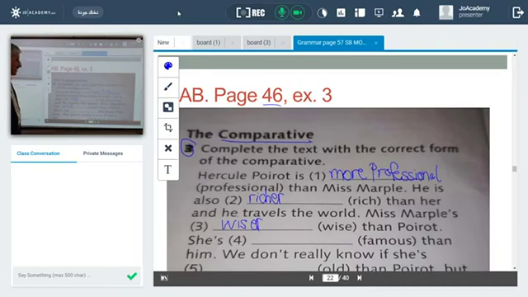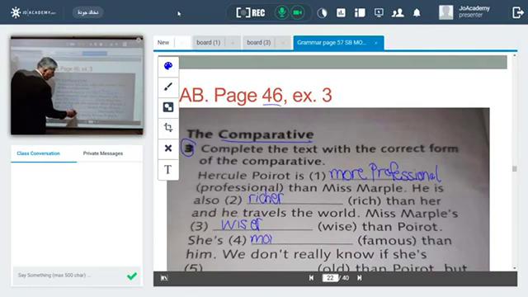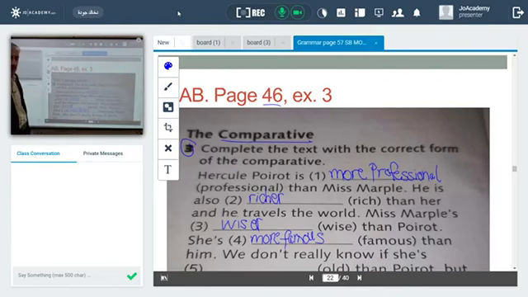She is more famous. She is more famous than him. So Miss Marple is more famous than him.